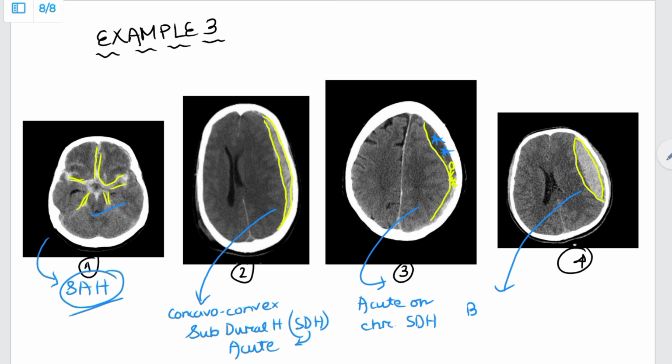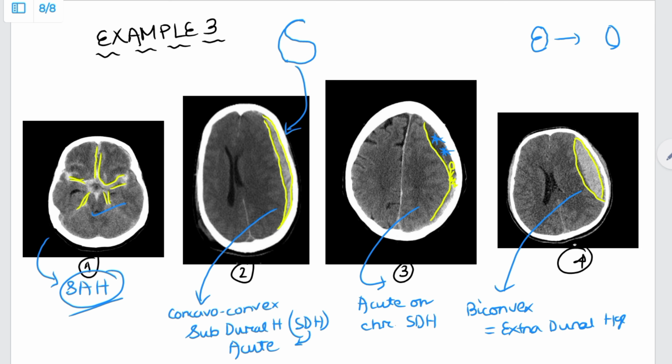And the last one has a biconvex shape, and this is an example of extradural hemorrhage. A simpler way of remembering SDH is that if you close an S, it gives a concavo-convex shape, and if you close an E, it gives a biconvex shape. So this is how you can remember EDH and SDH.